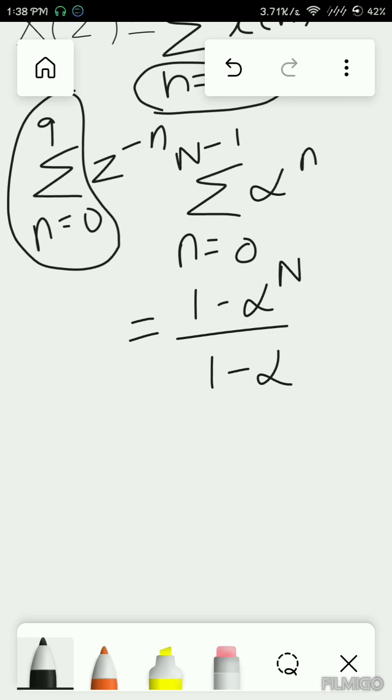I'm sorry guys, this is minus. So the summation from n equal to 0 to N minus 1 of alpha to the power of n is 1 minus alpha to the power of N divided by 1 minus alpha, for alpha not equal to 1, and it is equal to N when alpha is equal to 1. Now let me do it according to this formula.